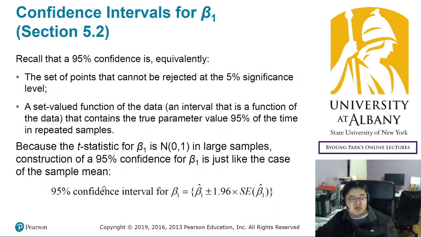The 95% confidence interval is calculated this way: the point estimator plus minus 1.96. You remember this number? This is 1.96, the same number as with the t-statistic. Usually this is approximated to 2. So in practice, beta 1 hat plus minus 2 standard errors is not much wrong and is commonly used.